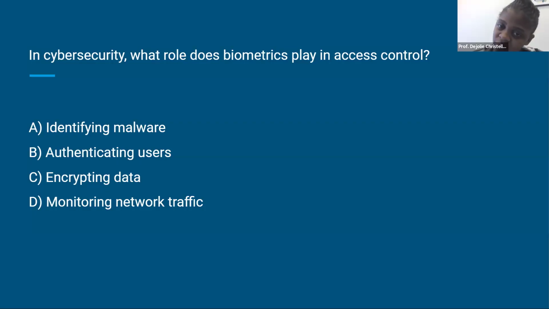You know, why we do biometrics is because most of the time we want to find out if there are other cybersecurity vulnerabilities that we are exposed to. Yes, you are right, but what role does biometrics play in access control?